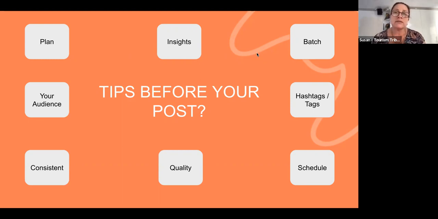And then your tags are, you're attaching your post to another business on Facebook. So for instance, if you're an accommodation provider and you're going to tag or talk about the local restaurant or cafe that's near you, if they have a Facebook page, and most do these days, make sure you find their correct username, not just their Facebook page name, because sometimes they do differ.